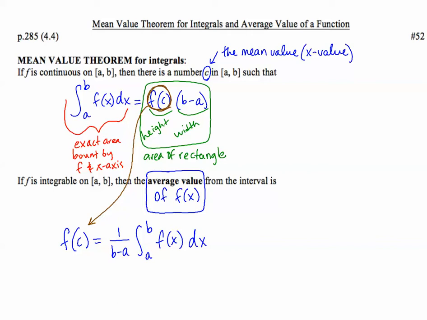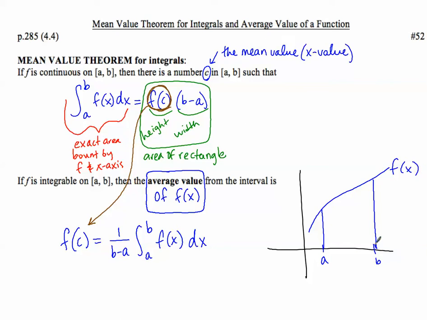So again, just taking that visual in there, and I'm going to make this a little bit more of a dramatic f of x from a to b. So our area that's in there, that exact area, is this, and that's the definite integral.